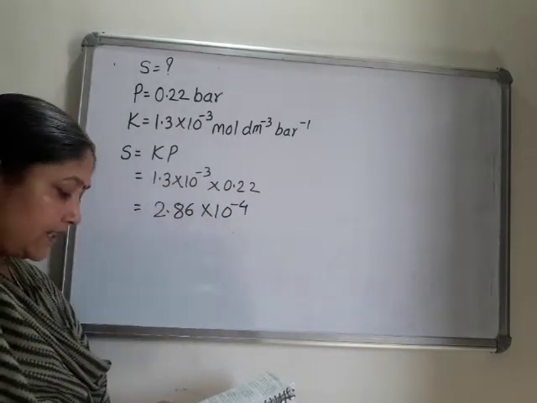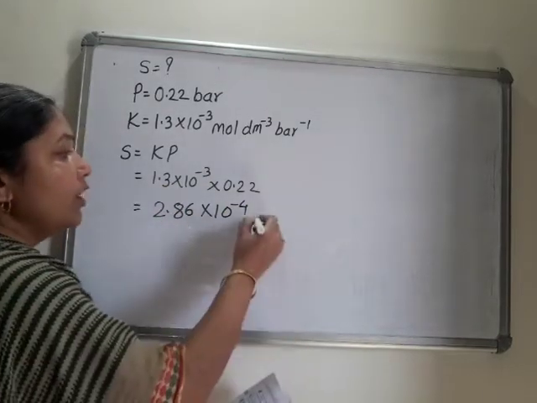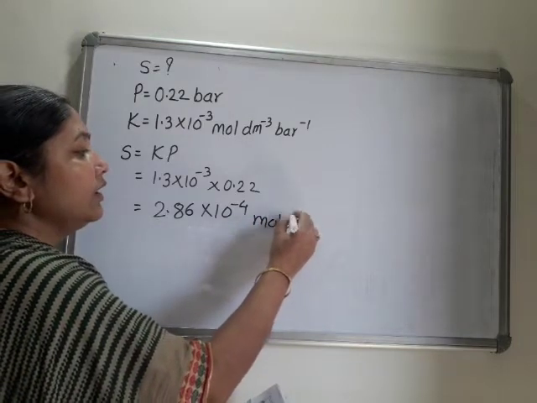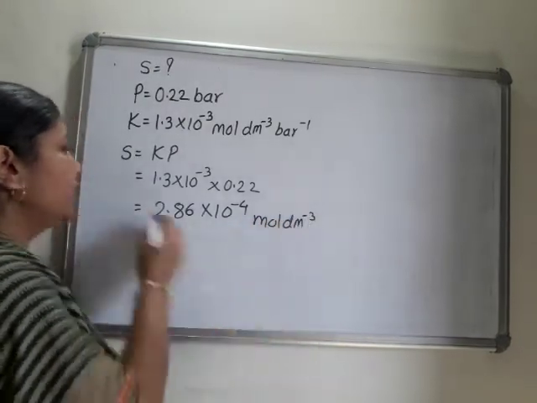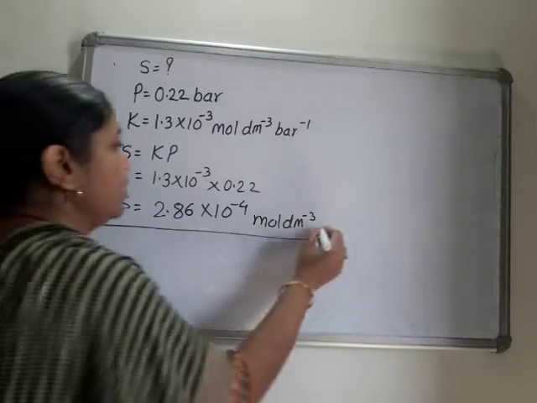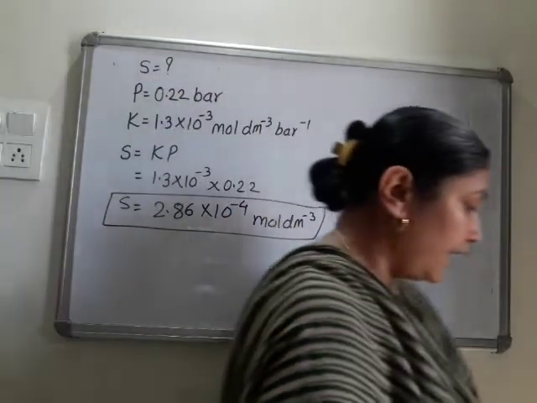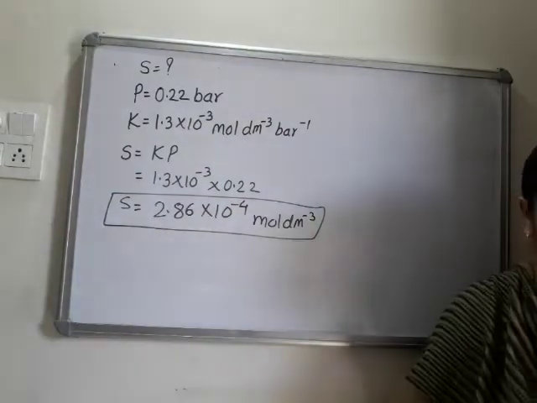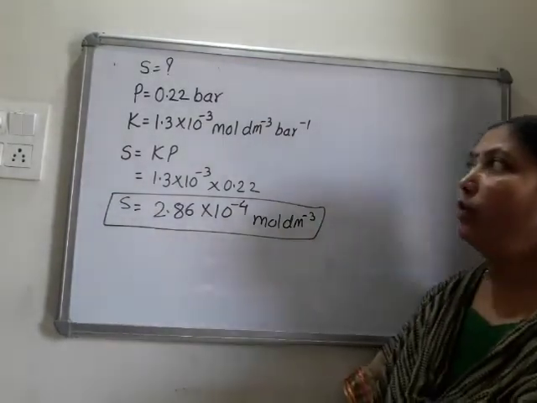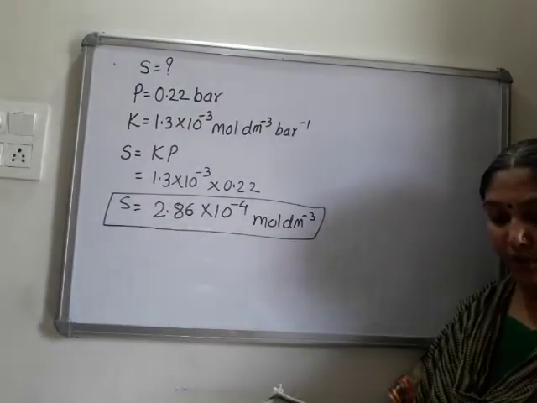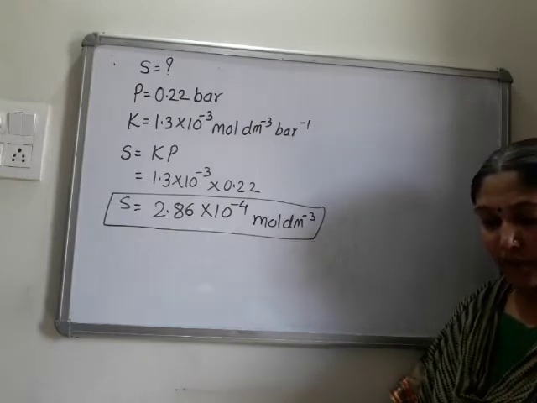So 2.86 into 10 raised to minus 4 mole per dm cube. This is the answer. Solubility of oxygen in water is 2.86 into 10 raised to minus 4 mole per dm cube. Next question. Take down.